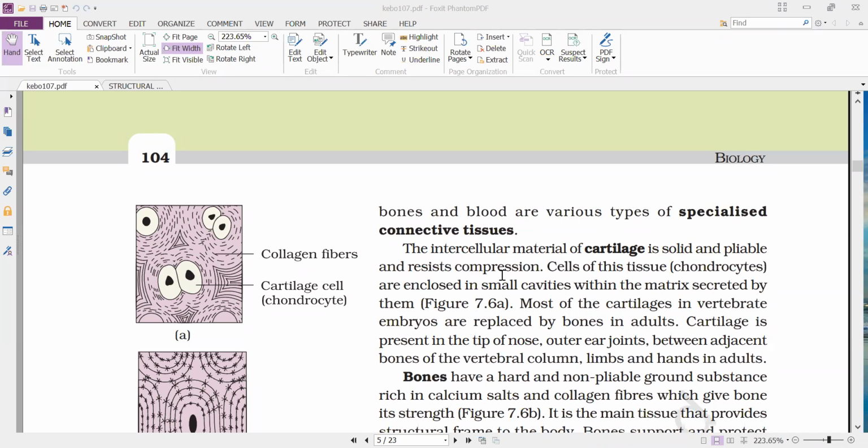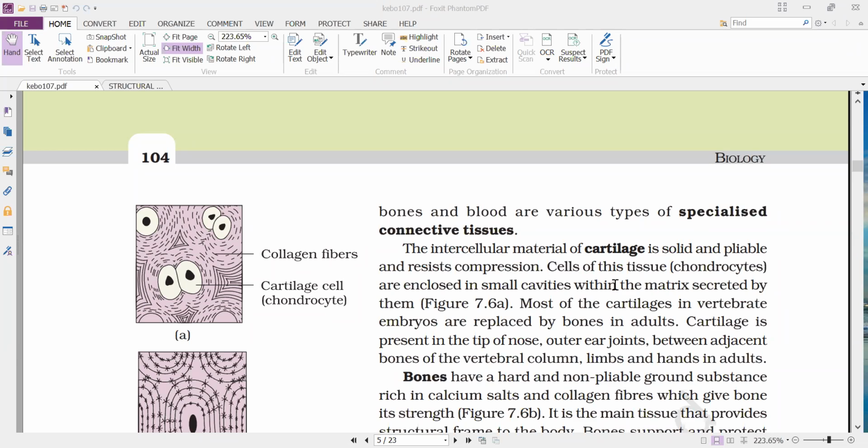That means it can bend a little bit, and that's why it resists compression. So in cartilage, the intercellular material is solid, that means the matrix of the cartilage is solid, pliable and resists compression.